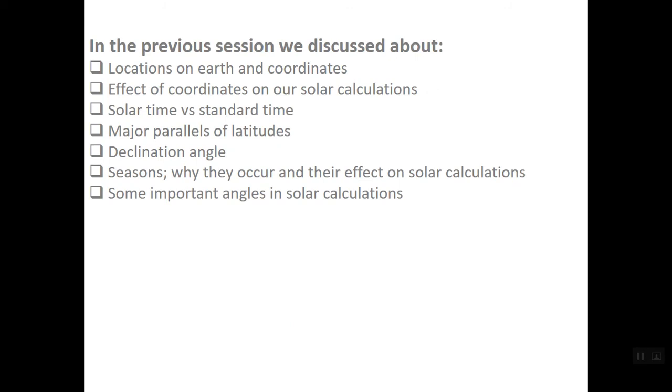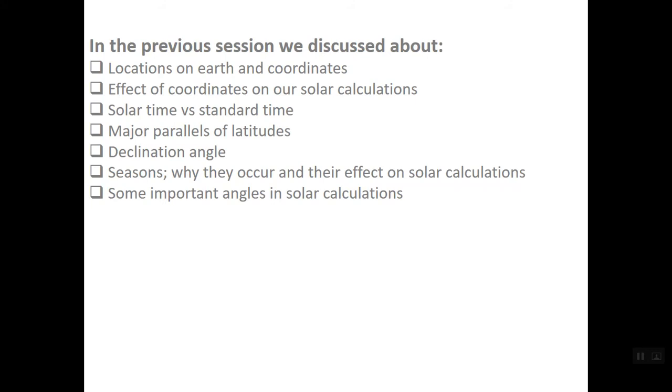In the previous session, we discussed the location on Earth and coordinates, latitude and longitude, and their effect on our solar calculations. We discussed solar time versus standard time. This is a very important topic. We introduced major parallels of latitude like Tropic of Cancer, Tropic of Capricorn, and others.